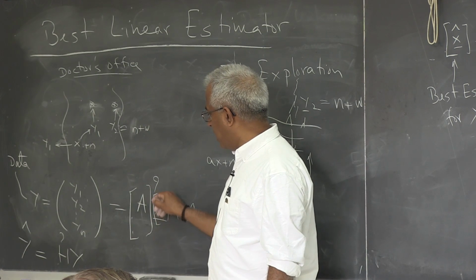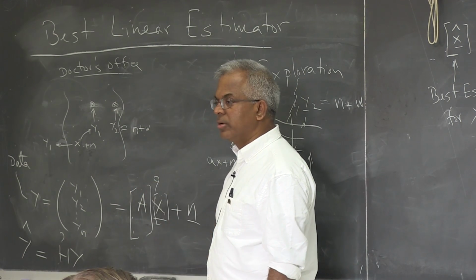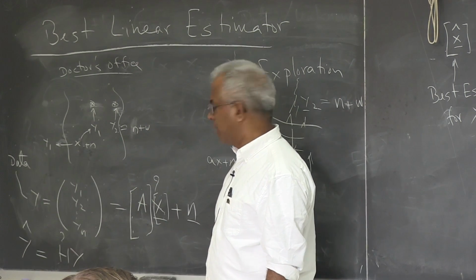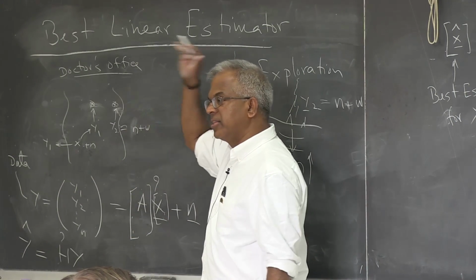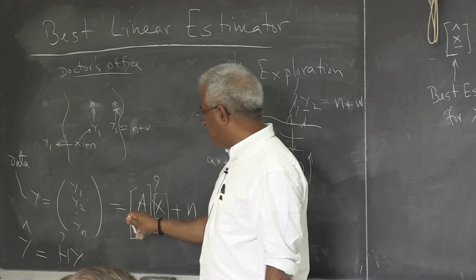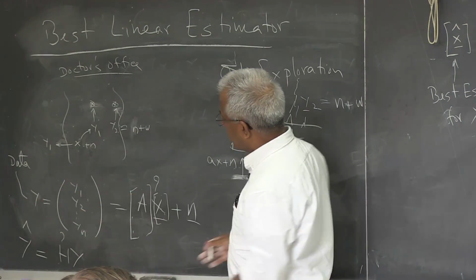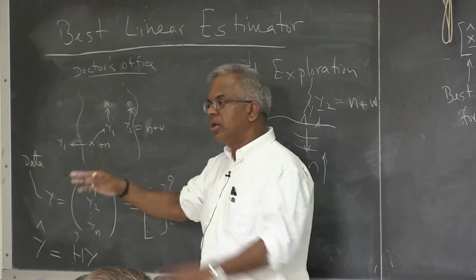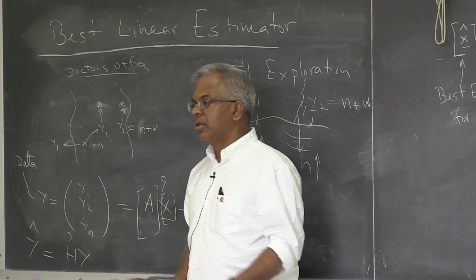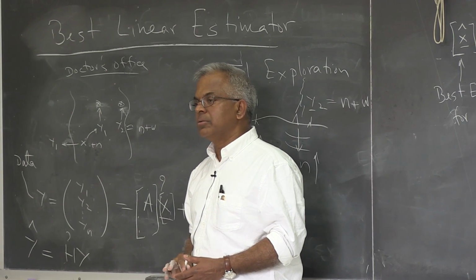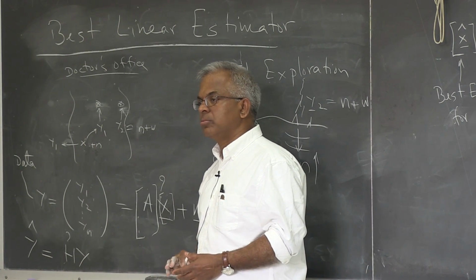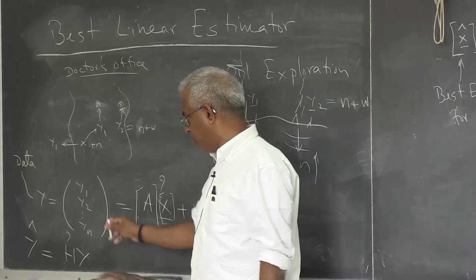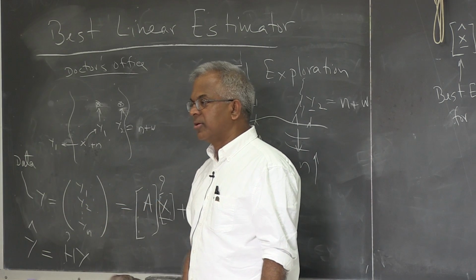Thin means the unknown itself has fewer entries. Which situation is better? You want it to be fat and short, or long and thin? Because if it is the other way, that means we have few data points and too many unknowns, right? That's an indeterminate situation. So it is better to be in this situation.